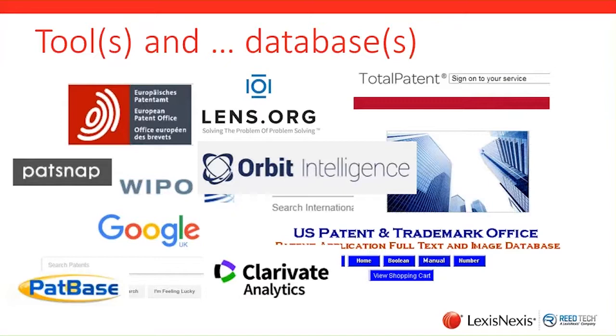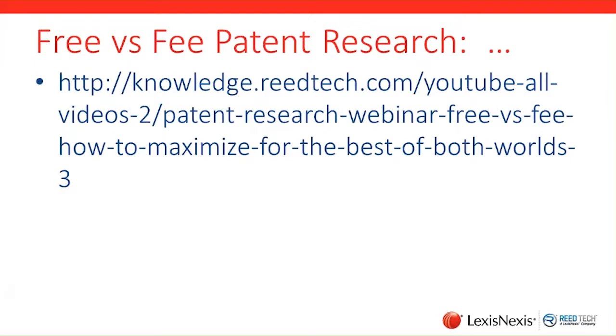As with most things we do at work and in the home, it's always better to use the right tool for the job. But leaving aside the free tools, the pros and cons of which we covered in a previous webinar, and I have included here the URL to that free versus fee-based patent research webinar.